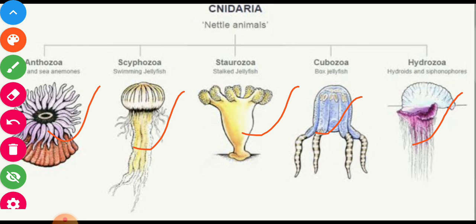This is hydroids and siphonophores. This is box jellyfish, stalked jellyfish, swimming jellyfish, and this is sea anemone. So these are some examples of cnidarians.